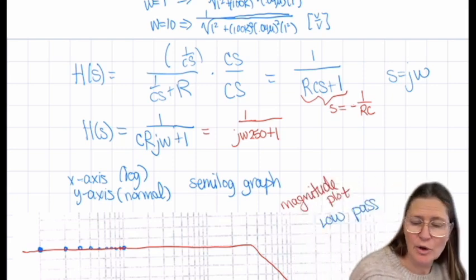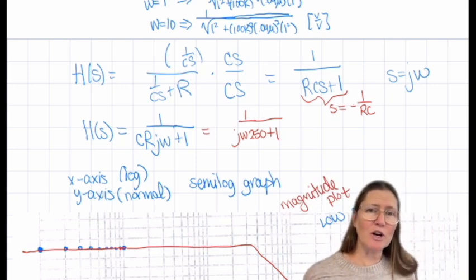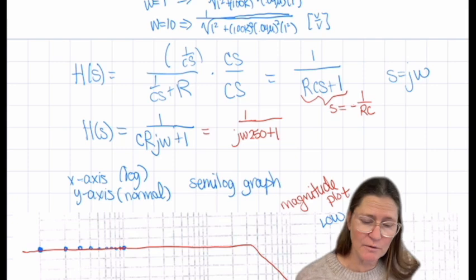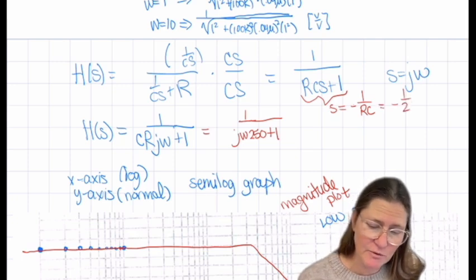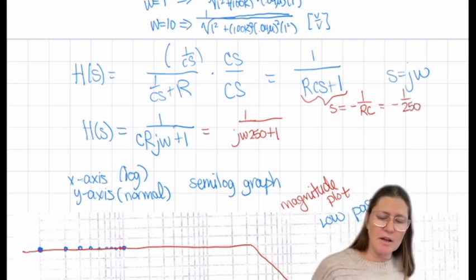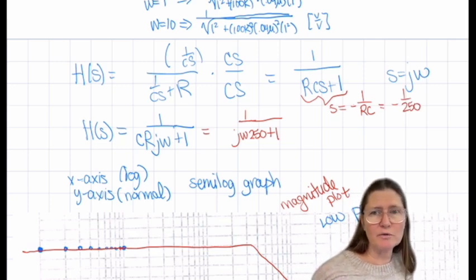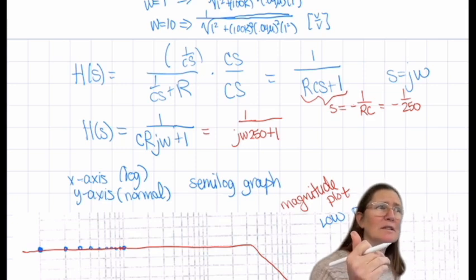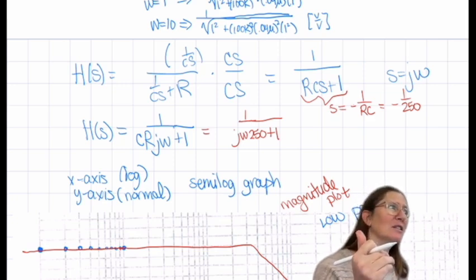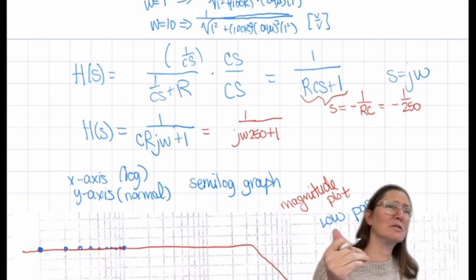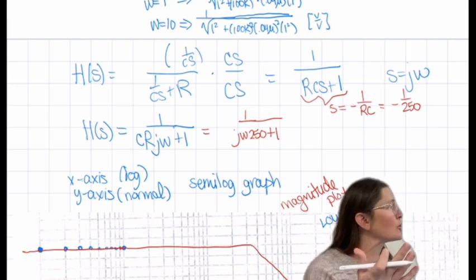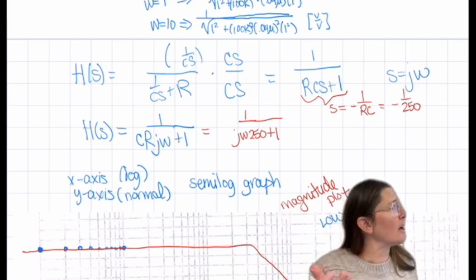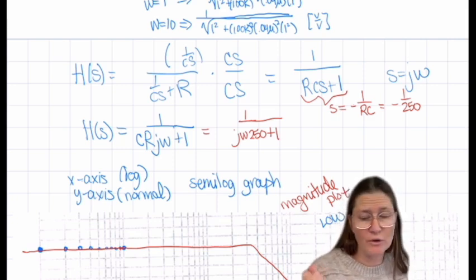So that value of negative 1 over RC, in this case negative 1 over 250, is the value of my critical frequency, and in this case it's in the bottom, so it will be a pole or a zero? A pole, thank you. So you would say I have one pole at 250, or 1 over 250, sorry.